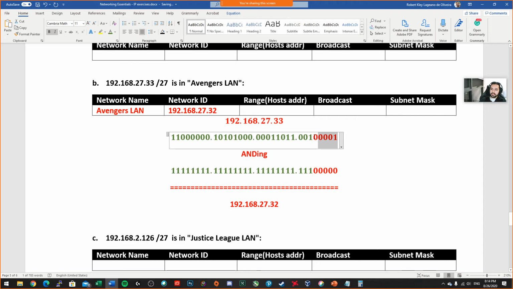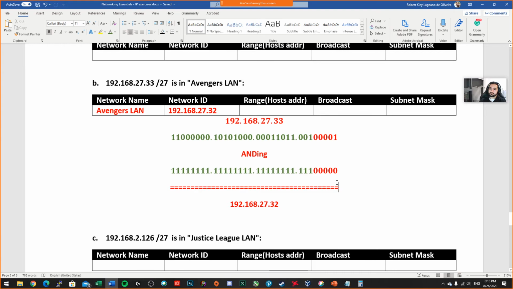That's why when you do the ANDing, everything that is 0 here is set to 0. If you transform binary to decimal again, you get 32. So the original network address is 0.33. Yes? Because with the ANDing, it comes in at a 001 in the last 8 bits of the subnet mask.